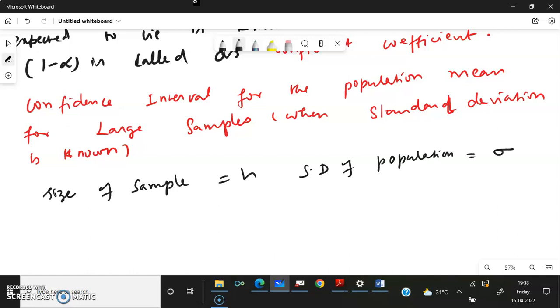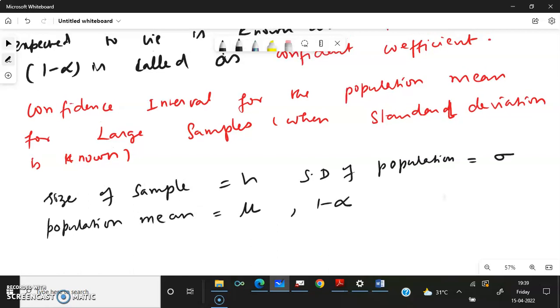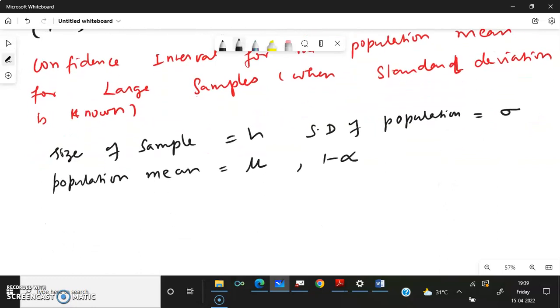Then the probability that the true population mean, which is what we are trying to estimate, will fall in the following interval, taking 1 minus alpha as the confidence coefficient, is P equal to x bar.